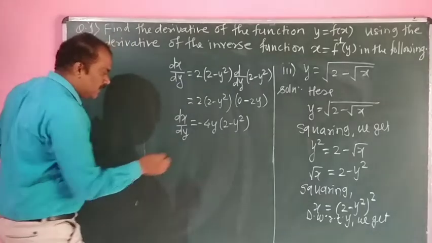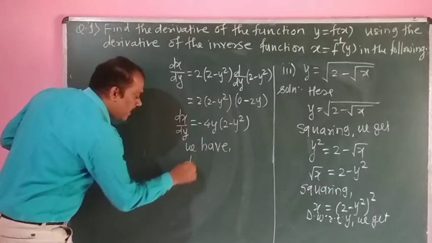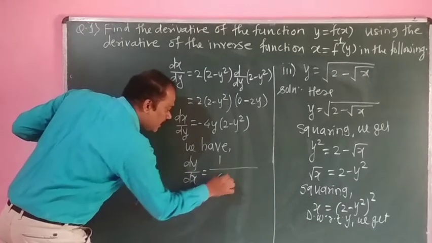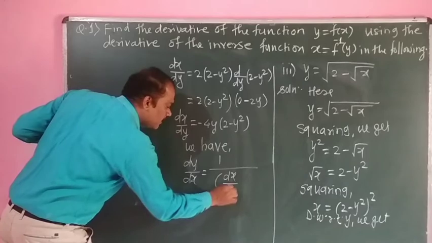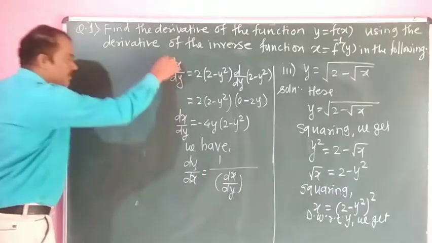Now by using the theorem, we have dy by dx is equal to 1 upon dx by dy, with the condition that dx by dy is never equal to 0.